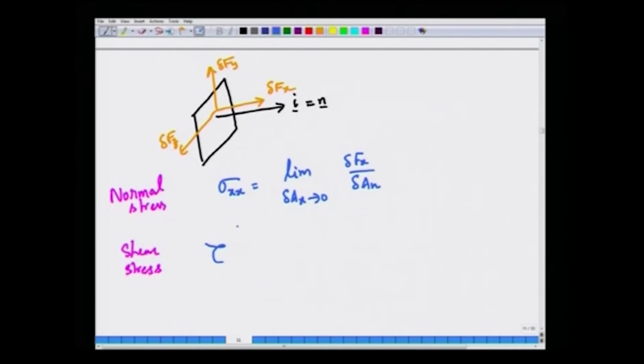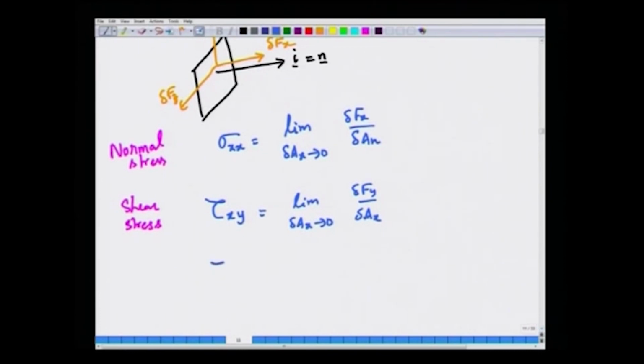There are two components to tangential stress. One is in the direction of y: tau x y is the limit as delta A x tends to 0 of the y component of the force divided by the area delta A x. Likewise, you can have tau x z, the limit as delta A x tends to 0 of delta f z by delta A x.